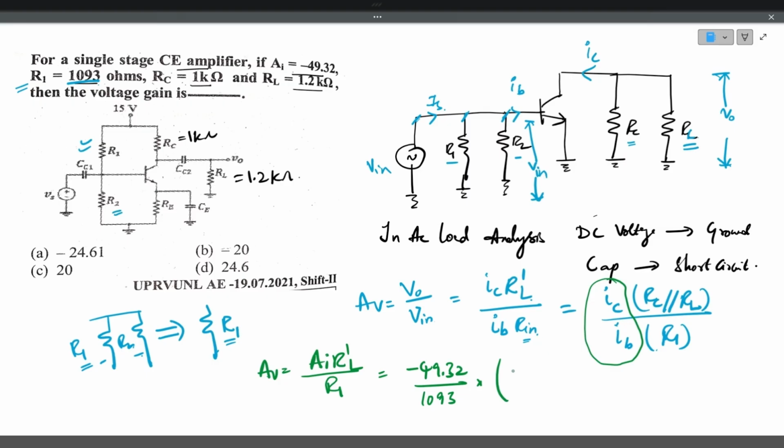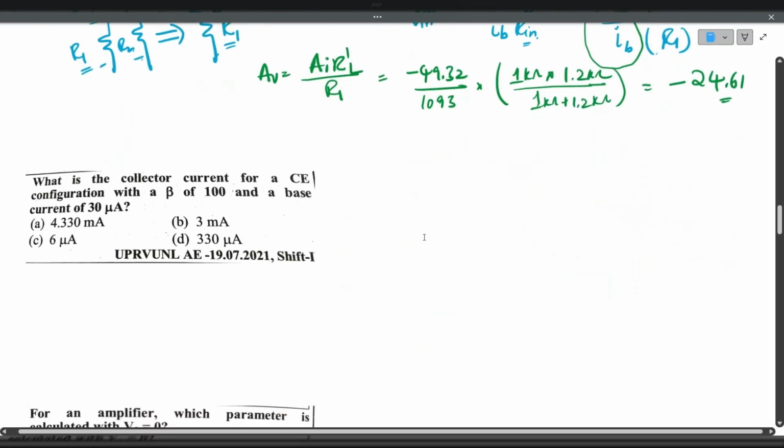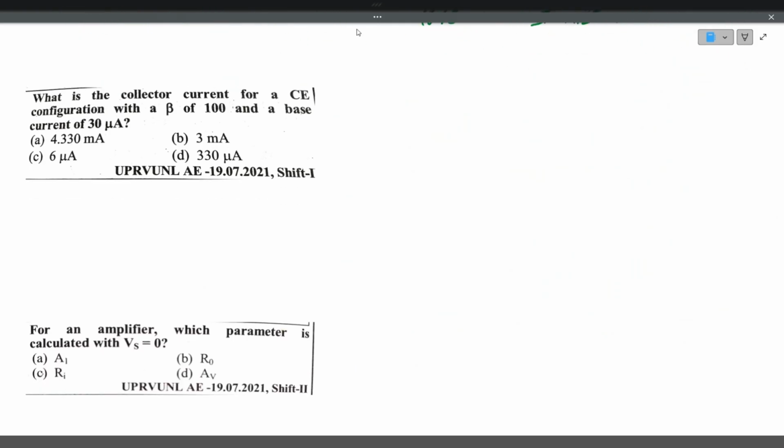So RC is 1 kilo ohm parallel with RL, that is RC RL divided by RC plus RL. If you calculate this entire thing, the value will be minus 24.61. This is the voltage gain. So the answer is option A. We'll see the next problem.